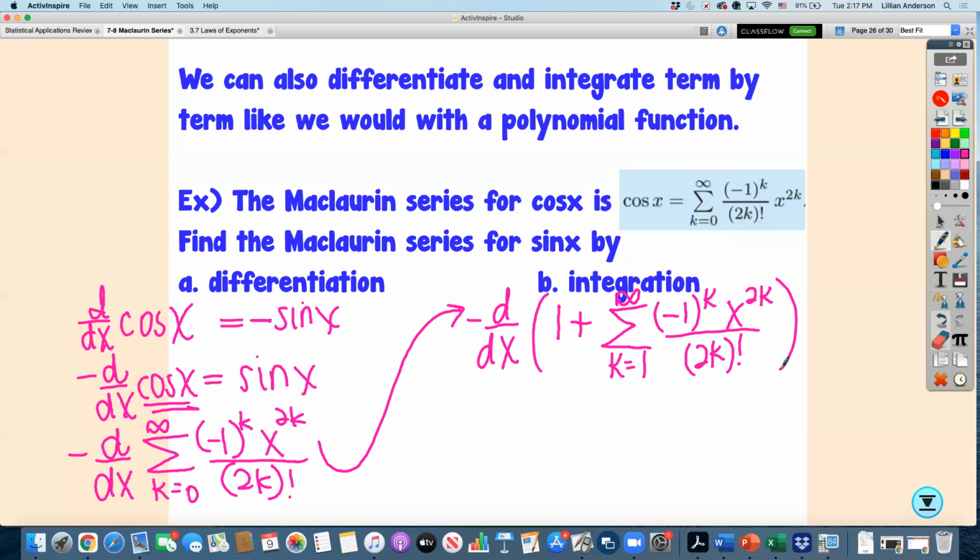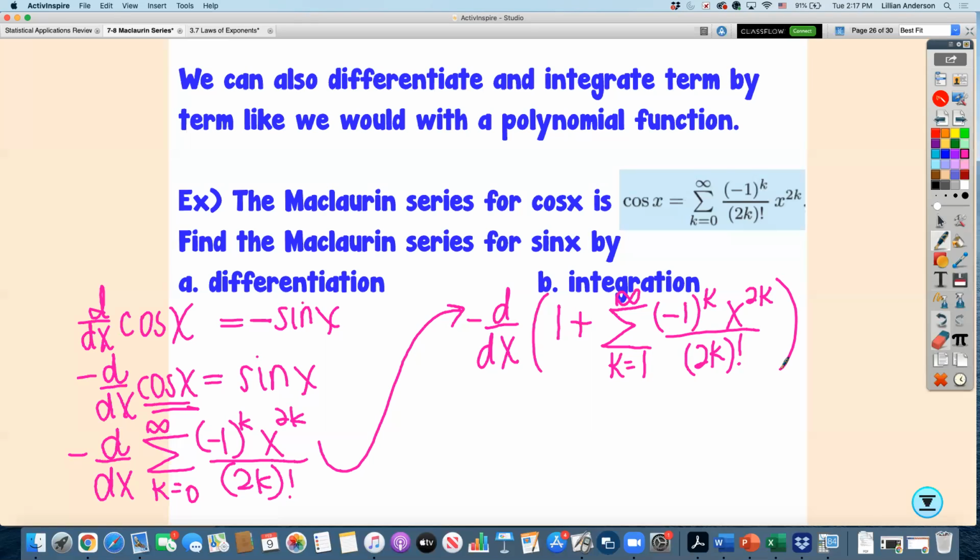This will aid in proving the Maclaurin series for sine x, which I used on the last problem, okay? Because we already know what it is. We discovered it using the series. Now we're trying to show it using differentiation, okay?